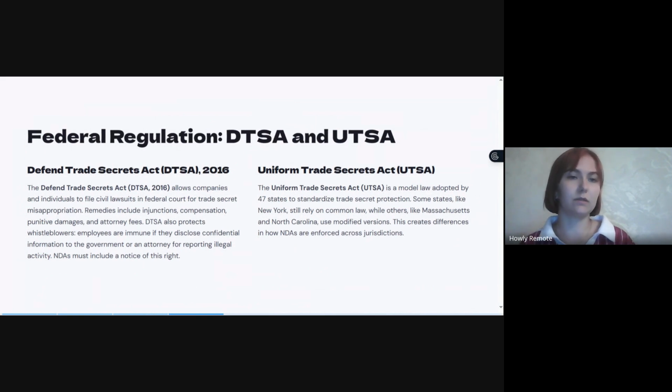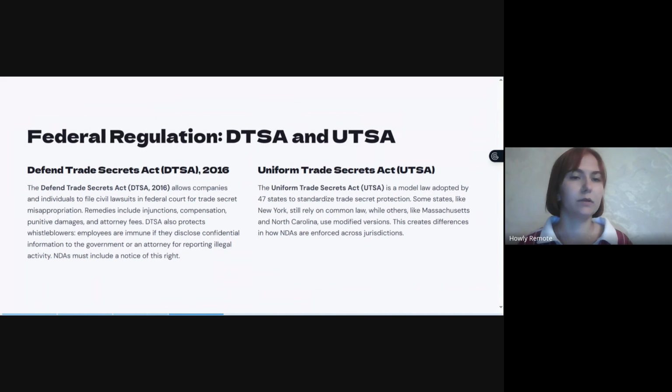Remedies can include injunctions to stop misuse of information, compensatory and punitive damages, payment of attorney fees. The law also protects whistleblowers, allowing employees to report legal violations to the government or lawyers without being held liable.